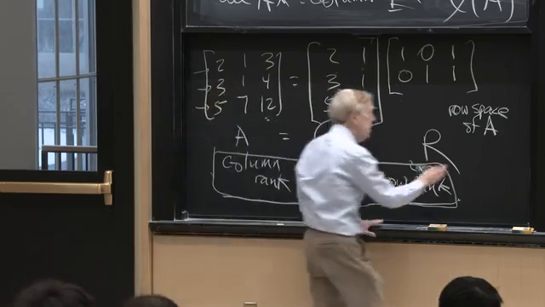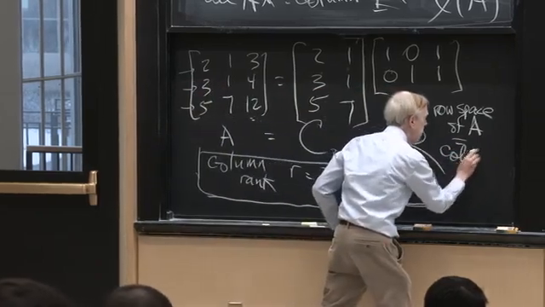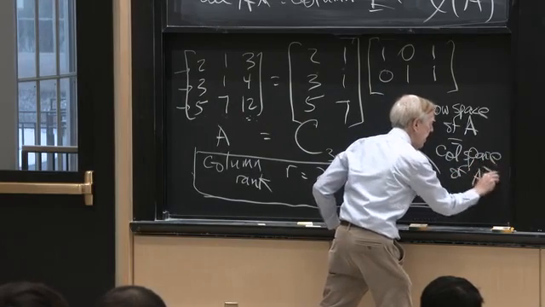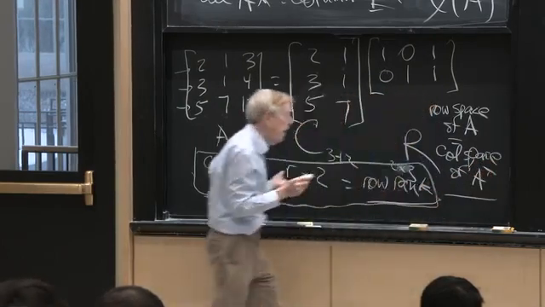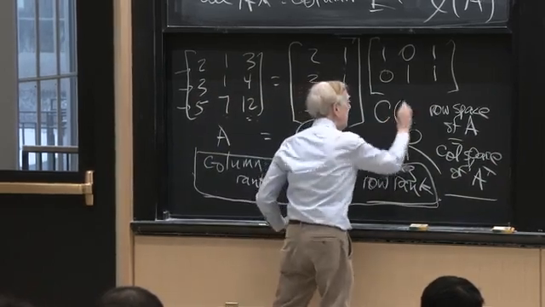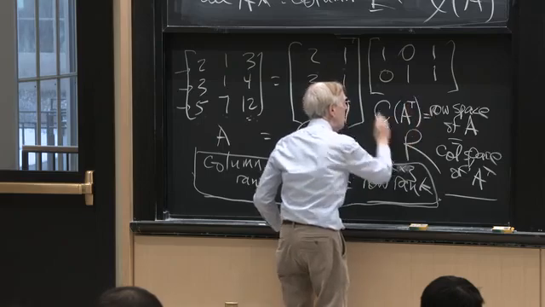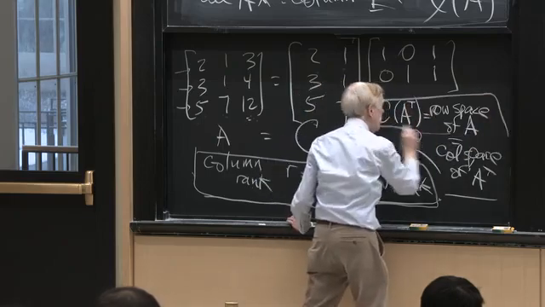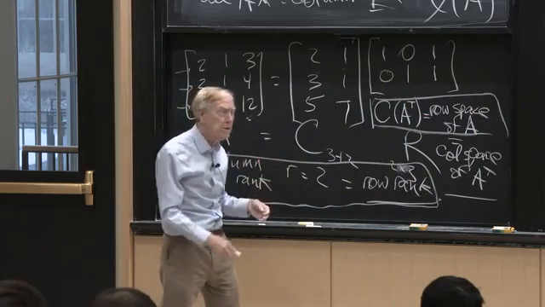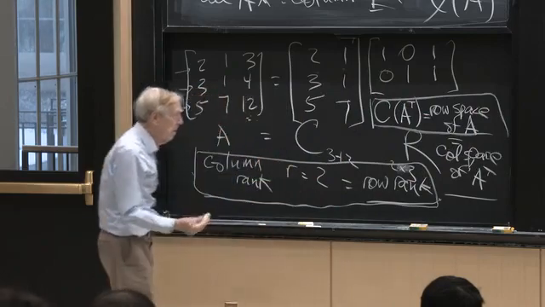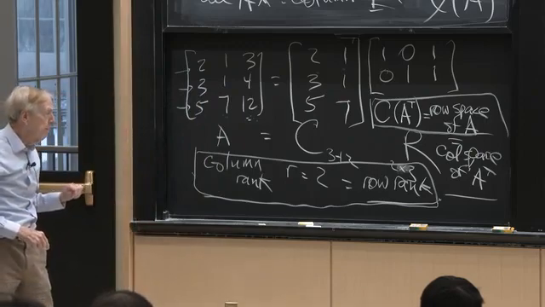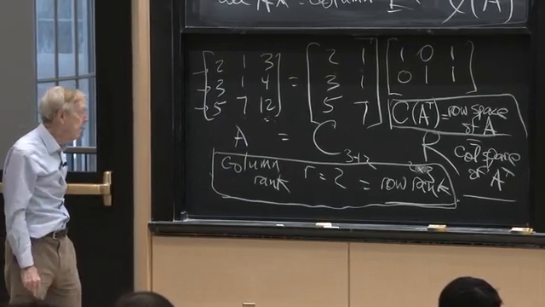So the row space of A is the column space of A transpose. And this has the advantage that we don't introduce a new letter. We keep the convention that vectors are column vectors, which would be the MATLAB and Julia and Python convention.